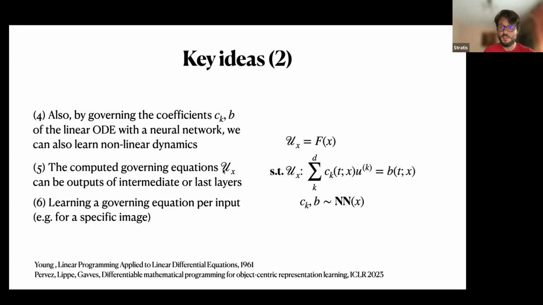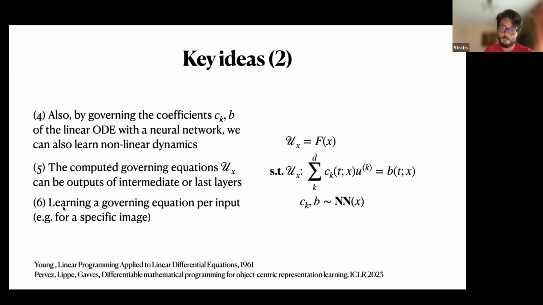The computed governing equations can be outputs of the neural network, or they can be outputs of the intermediate layers. So in principle, one can build a neural network whose every layer, instead of returning logits or intermediate activations, returns literally equations, not values, but equations.